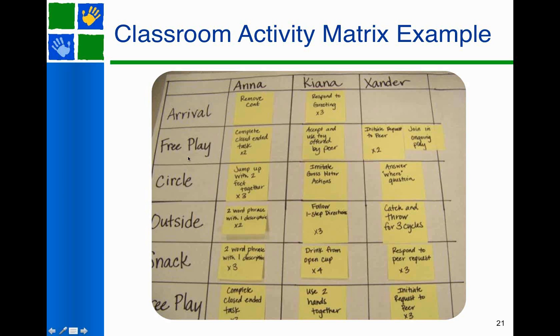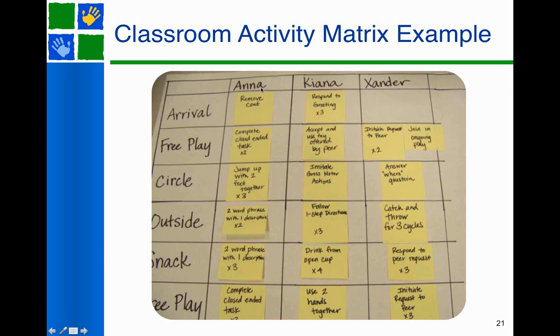So this is a brief example of an activity matrix in a classroom, and we don't see the full day here, but we see arrival, free play, circle, outside, snack, and free play. And then we see here, these are post-it notes. This is for 3 children who in this classroom the teachers feel like need more additional support or targeted instruction during everyday activities and routines.